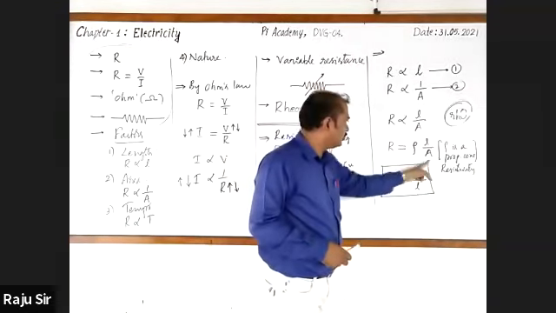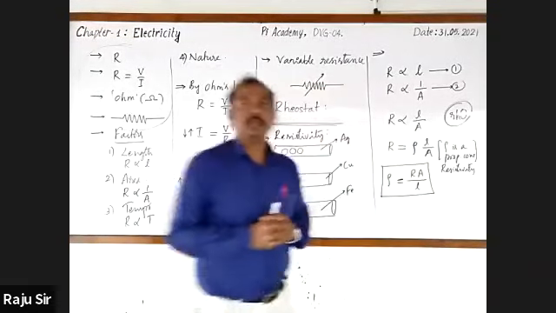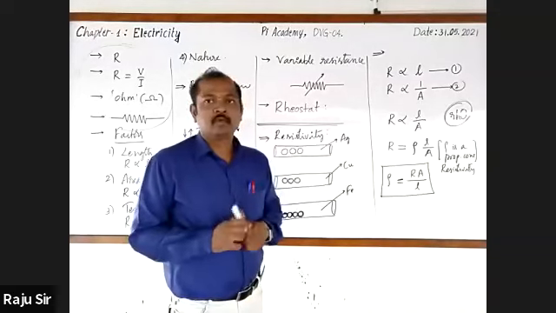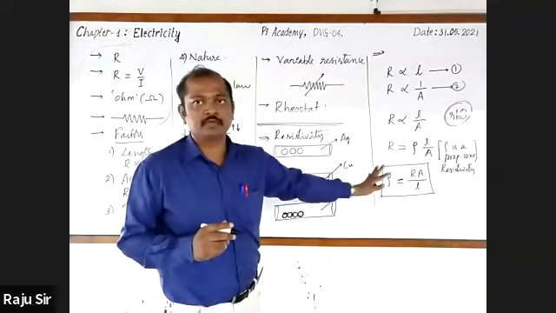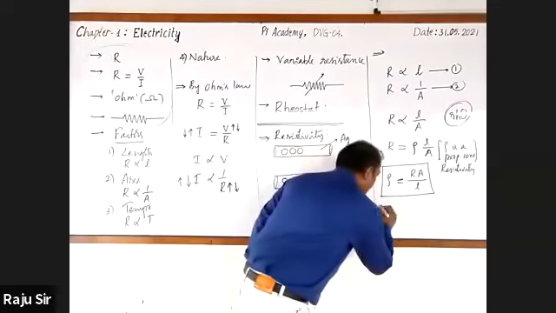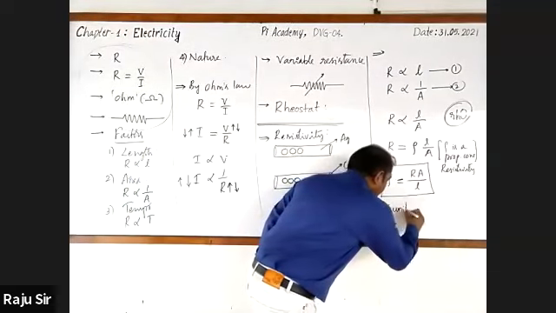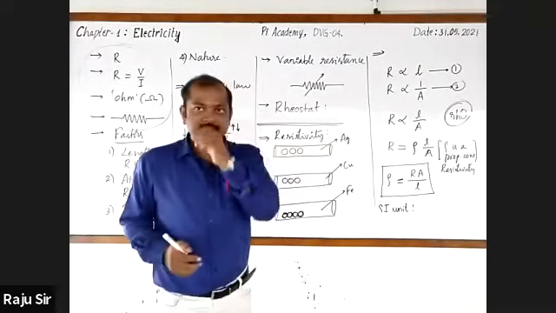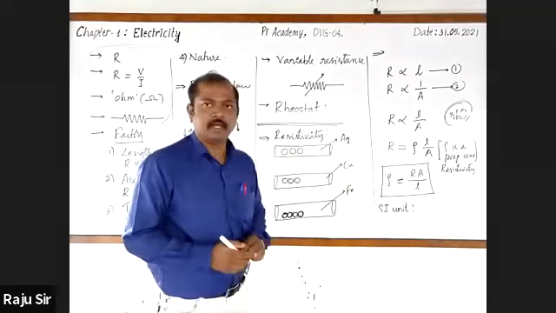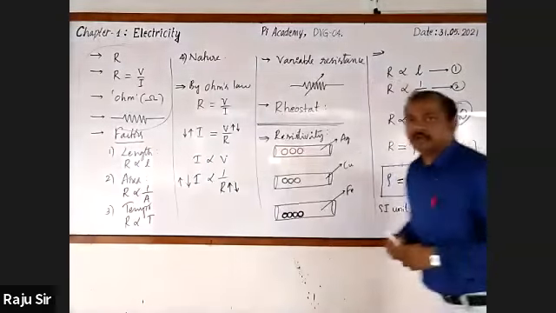Rho is equal to R into A by L. Hope that you have understood. This is the formula you must remember. Afterwards, I'll make you write it also. Now, let us find out the SI unit of resistivity. Use the formula.